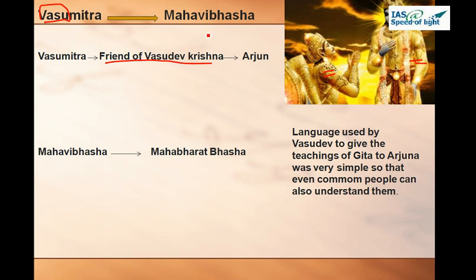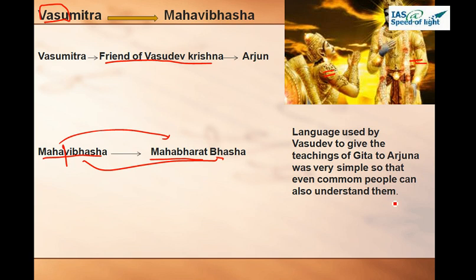Mahavibhasha. From Mahavibhasha we get Mahabharat Bhasha. Maha becomes Mahabharat, and Vibhasha we get Bhasha or language. So the language used by Vasudev to give the teachings of Gita to Arjuna, his friend. Vasumitra is the friend of Vasudev Krishna.